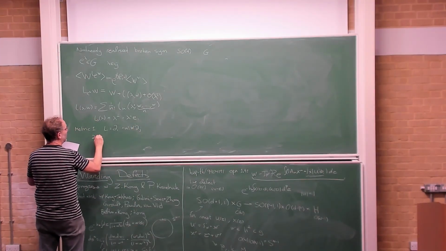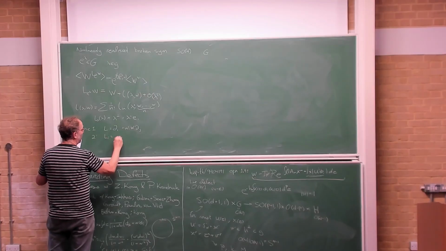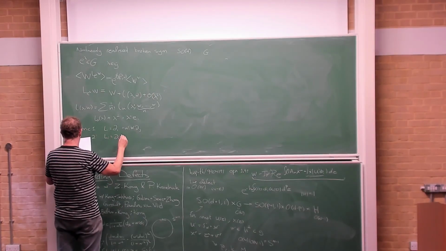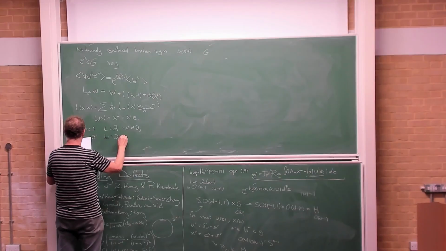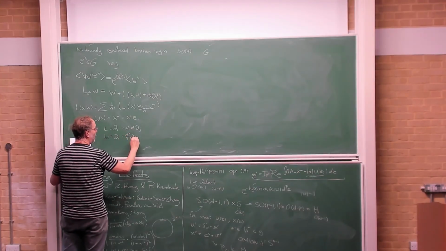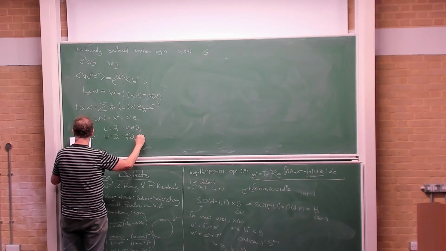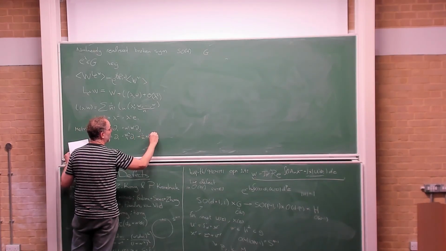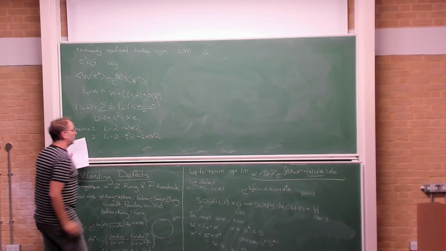And for metric 2, L_i is equal to partial_i minus W squared over 4 partial_i plus 1/2 W_i W^j partial_j.